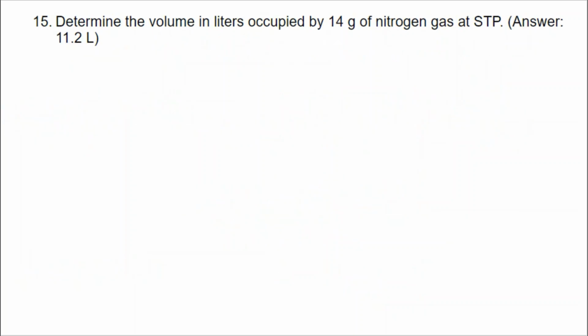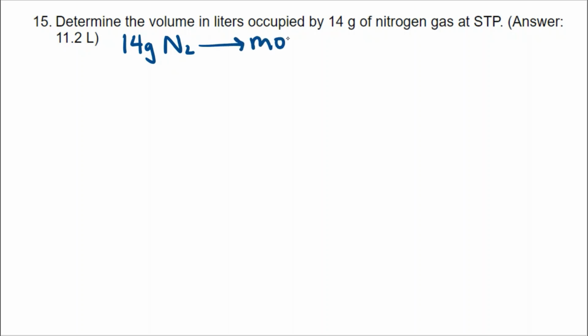Number 15, determine the volumes in liters occupied by 14 grams of nitrogen gas. So remember that nitrogen is one of those diatomics. It's going to be N2. Now we want to figure out how many liters this takes up. So we can't go from grams directly to liters.